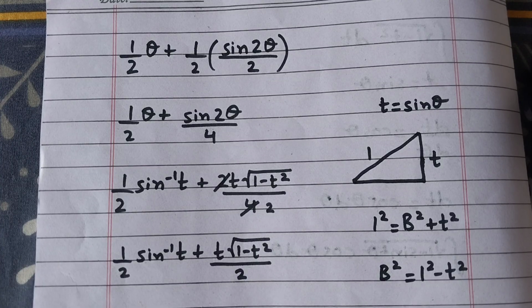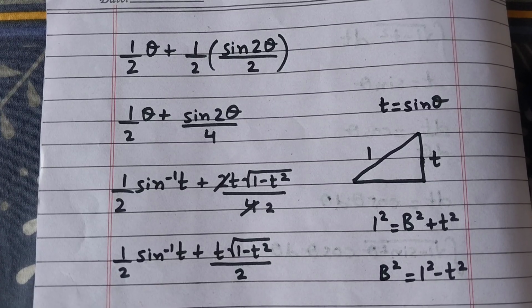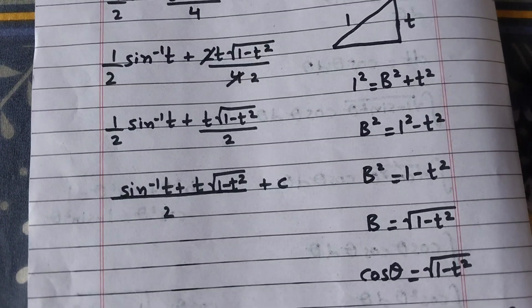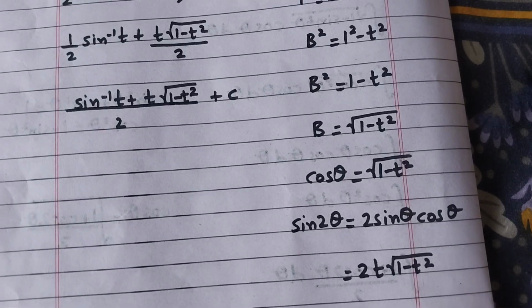So now we need to find the value of sine 2 theta in terms of t. And here we will use an identity, and the identity is sine 2 theta equal to 2 sine theta cos theta.